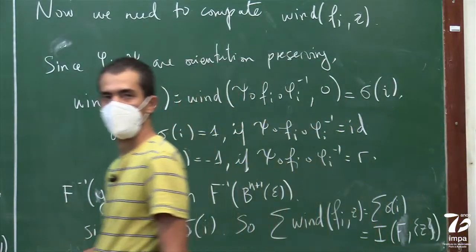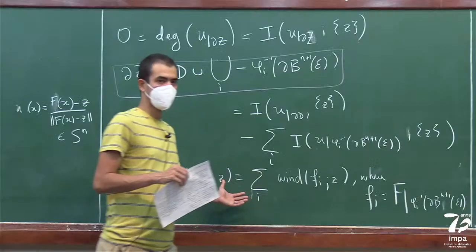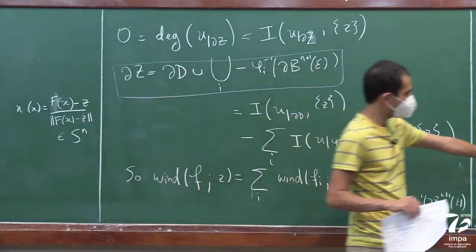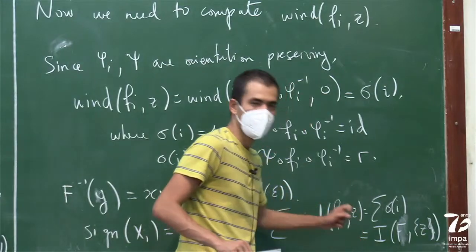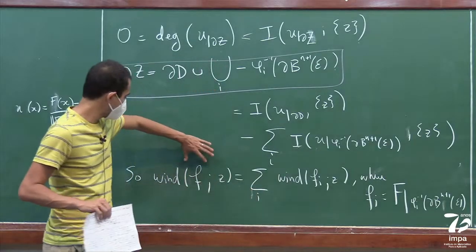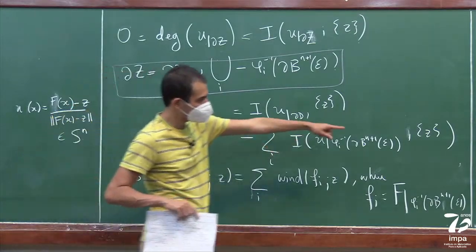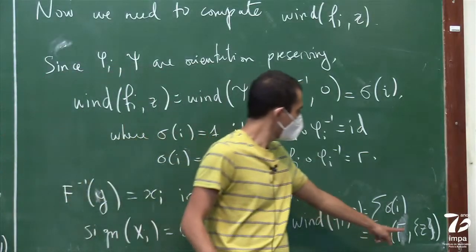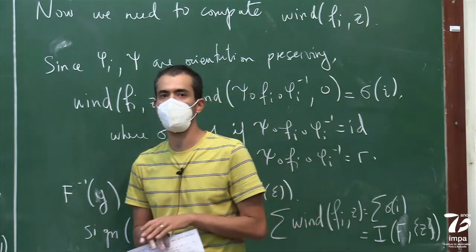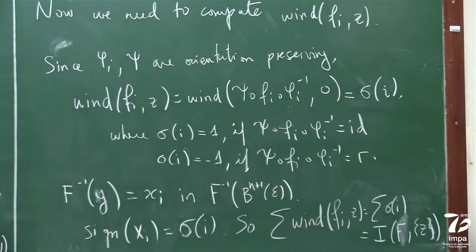Okay? So now putting this equation here together with this equation here, we are done. The winding number of f with respect to z is the intersection number of capital F with respect to z, so the number of preimages of capital F. Okay? So that's the proposition.